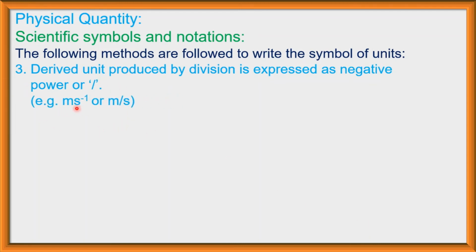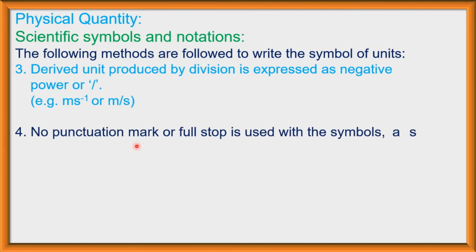Example, m divided by s. Here instead of m divided by s, we have to use m s^-1 or m/s, this symbol or negative power.